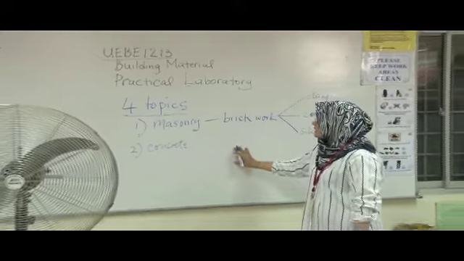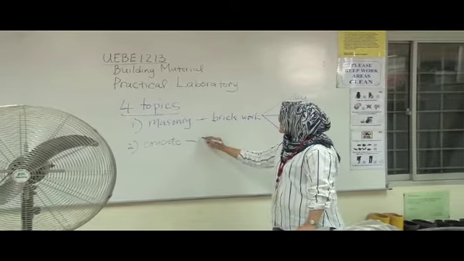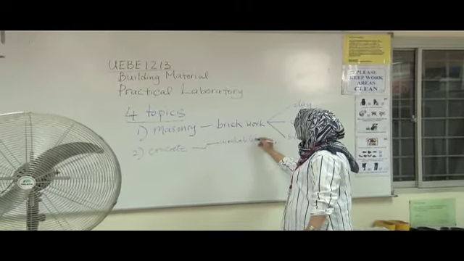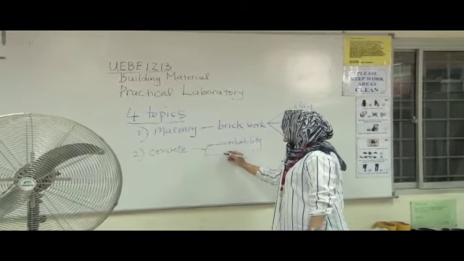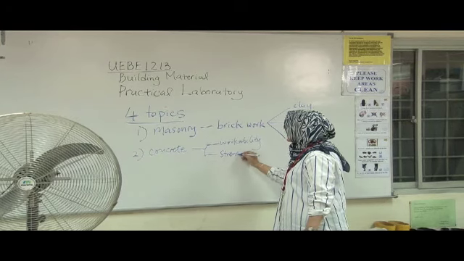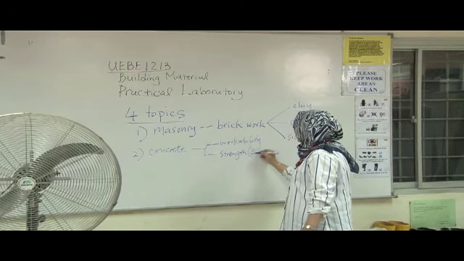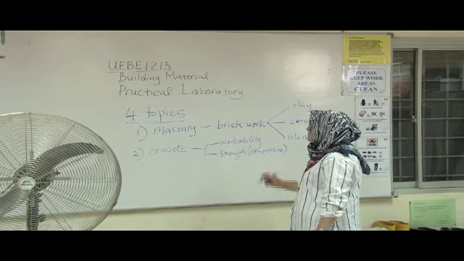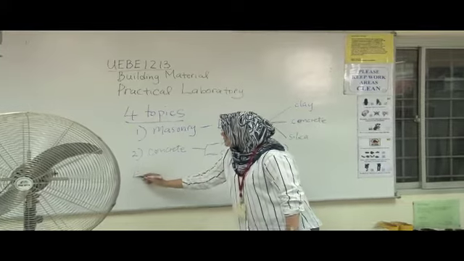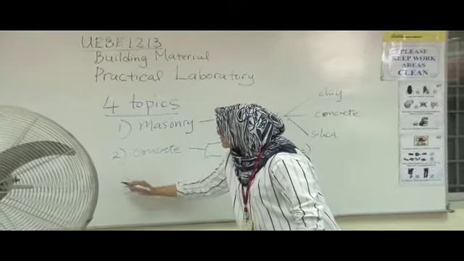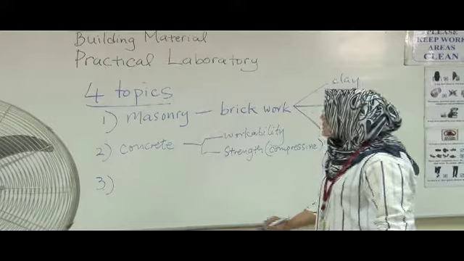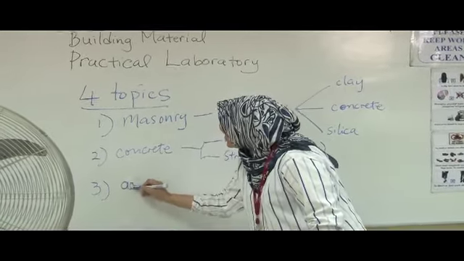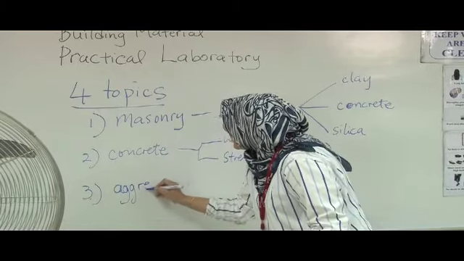Looking at concrete, we'll look at the workability of concrete, and then we'll look at its strength, mainly compressive strength. Then we'll look at the aggregates, or materials used for concrete.